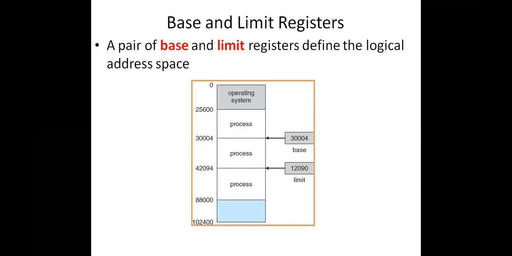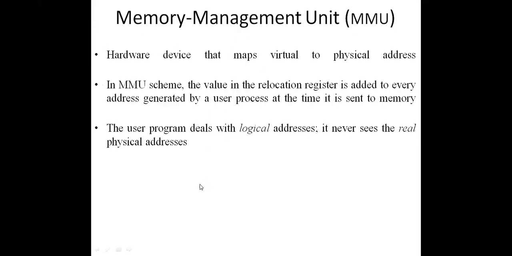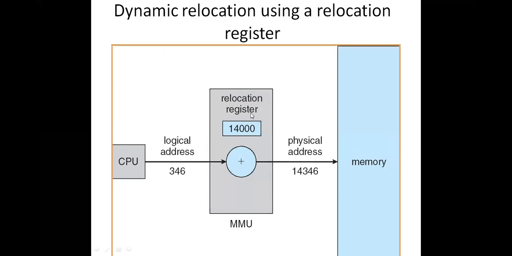The starting address is called the base address, which is available in the base register. It is also called the relocation register. The 14,000 value is the starting value.